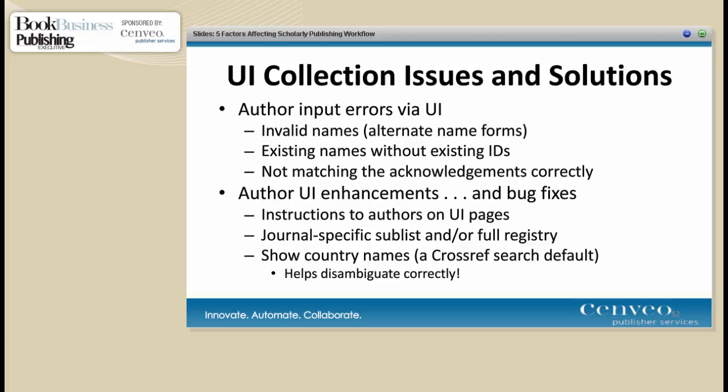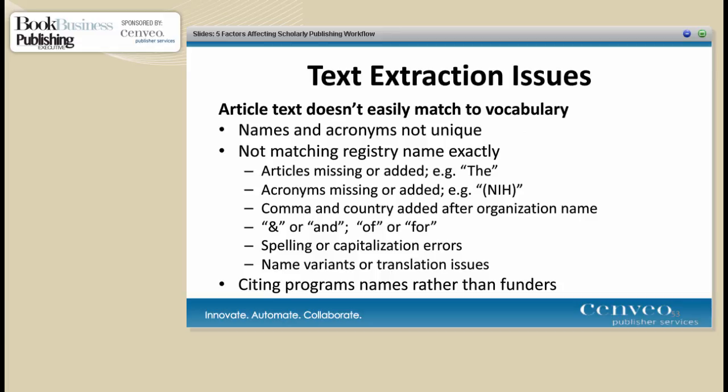In the other workflow model, which is extracting from the text of the acknowledgement sections, there's just a lot of issues because it doesn't easily match to the registry. So here's a list of some common problems and issues in mapping to the registry. I personally have looked at a lot of this kind of data over the last 3 years and worked on these matching rules. So as mentioned, names and acronyms are not unique, so it may not be obvious which one the author has mentioned.